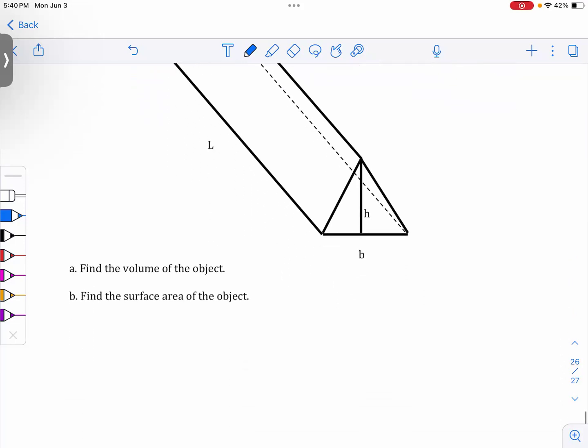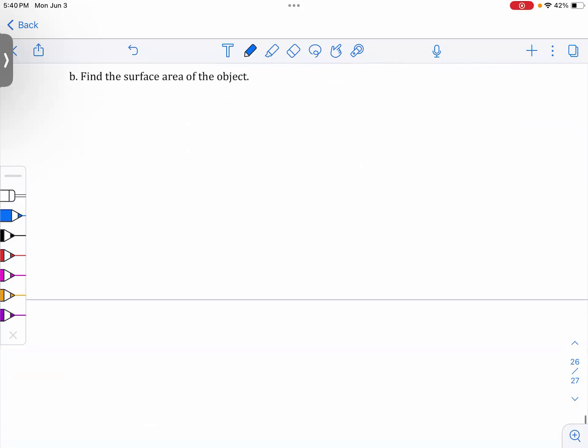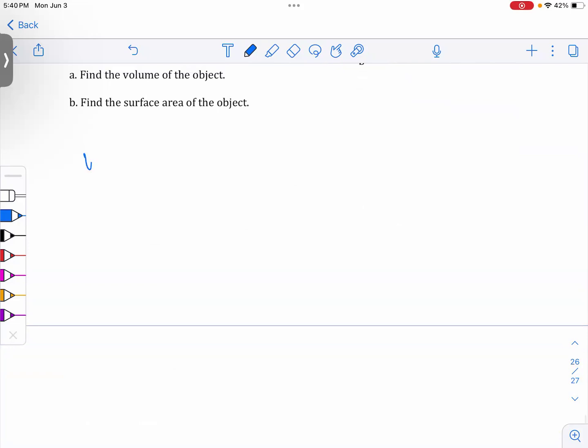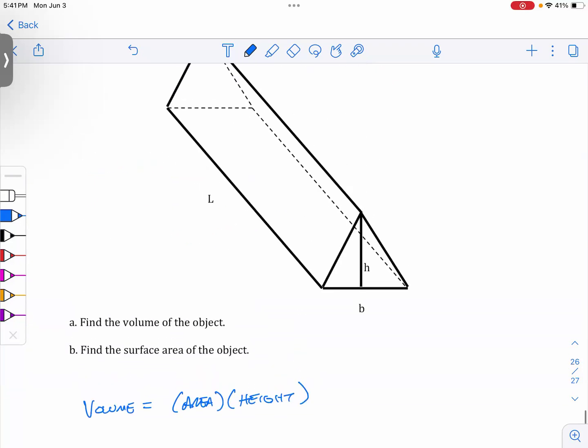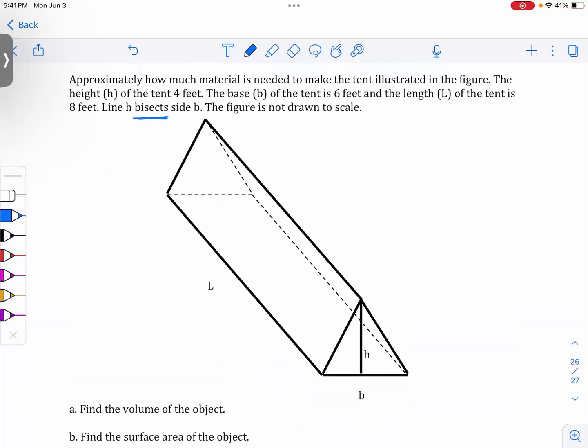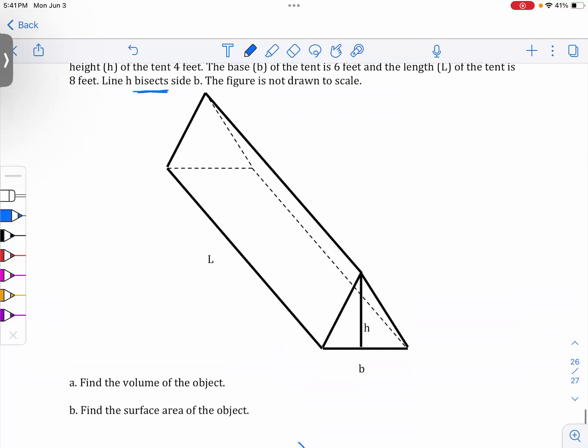So again, same concept. I don't have an equation for this, but I know that volume is just area times the height. So the good news, let's fill in our values. Base B is 6 feet, so that value is 6.